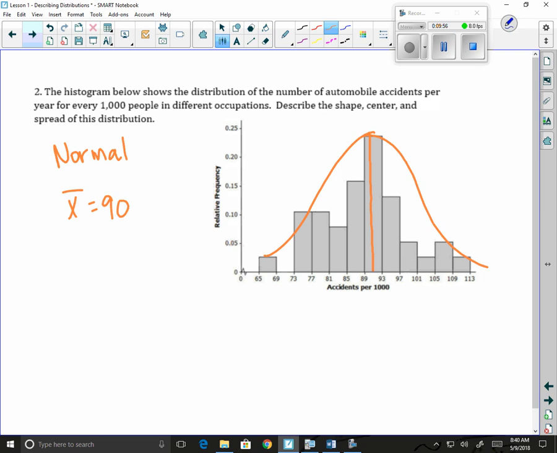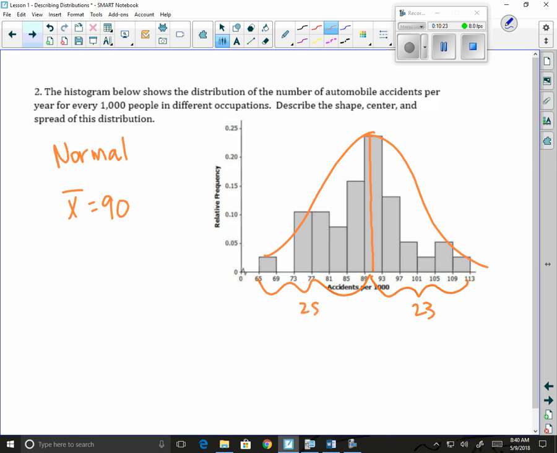Then I need to figure out how much I spread above and below the mean. So if I take 113, which looks like to be the top number, and subtract 90, which I'm estimating as the mean, I have about 23 pieces of data above. If I do the same thing with the bottom number, 90 minus 65, I get 25.